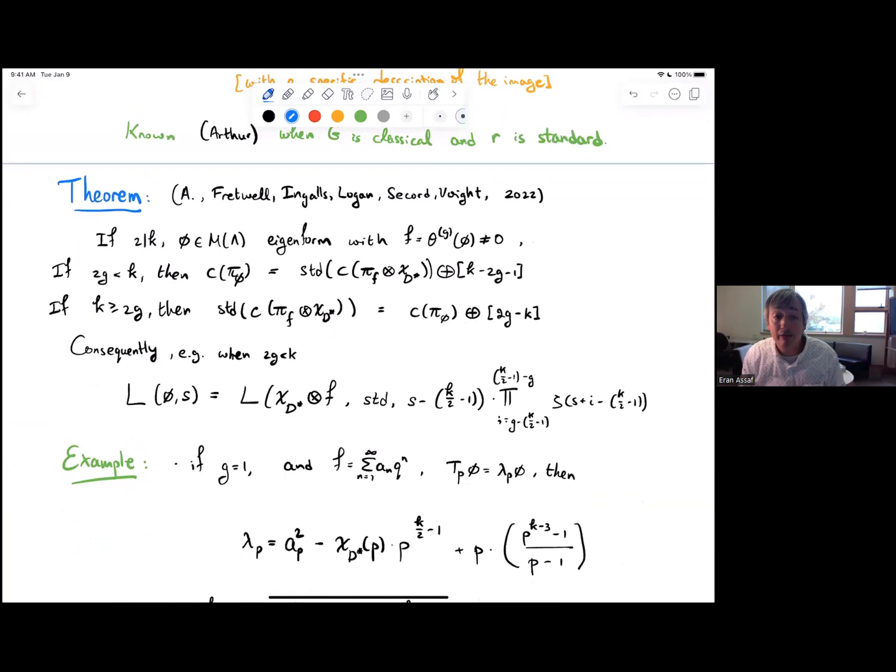So when we have an eigenform on the orthogonal side, so this is an orthogonal modular form, which is an eigenform for the Hecke operators there, and we apply this theta lift, the nice thing about theta is that it is Hecke equivariant, and one can see what it does to the Langlands parameters on both sides.